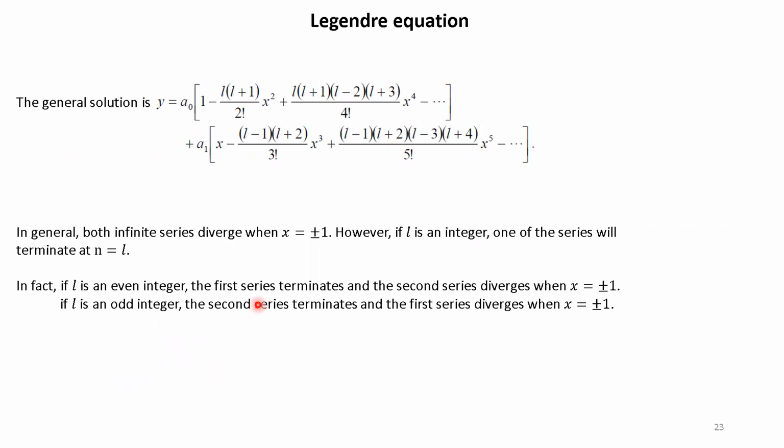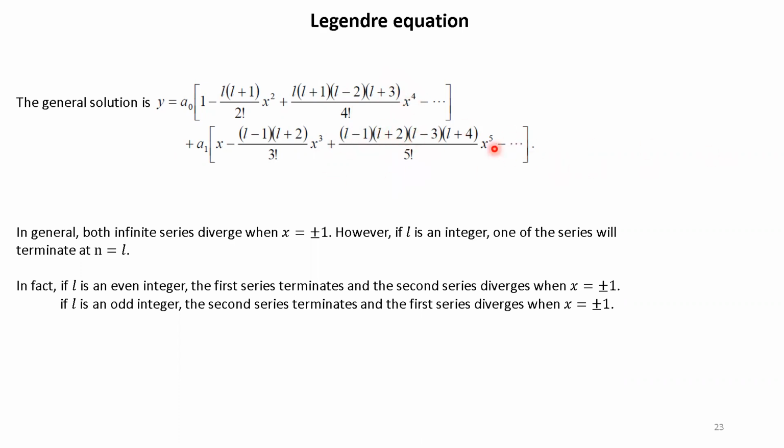So that is to say, given these general solutions, if you pick a positive integer L, you'll be able to truncate one of the series. I said already, if you put L equals 3, then you are going to truncate this series.